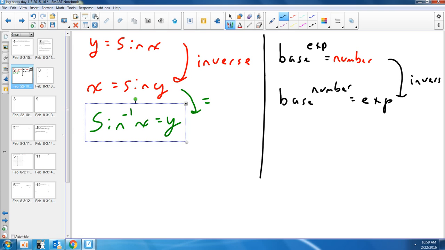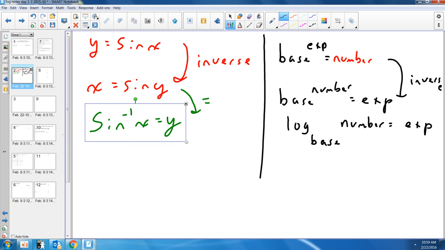And there's a different way of writing an inverse, and that is by using logs. All right? Instead of writing this, I can rewrite that as the log base of a number is equal to an exponent.